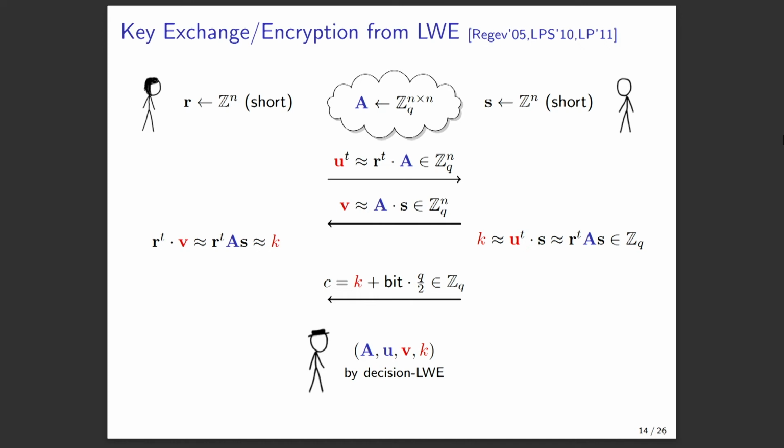You get n samples here and one more sample here. But the nice thing about LWE is you can have a lot of samples. They all look uniformly random. So altogether, by invoking LWE again, these two things also look uniformly random, even given everything else.